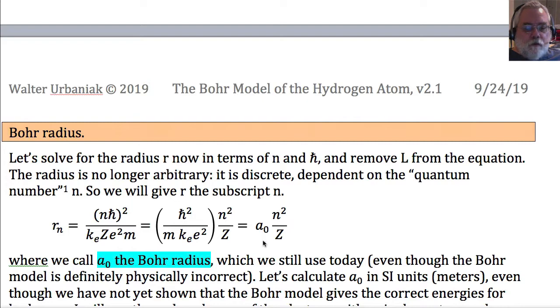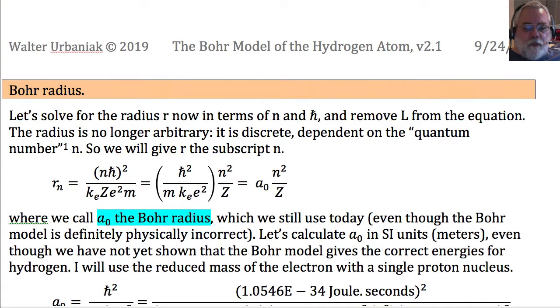A sub 0 equals h bar squared over m k sub e e squared. Let's calculate A sub 0 in SI units, meters, even though we have not yet shown that the Bohr model gives the correct energies for hydrogen.